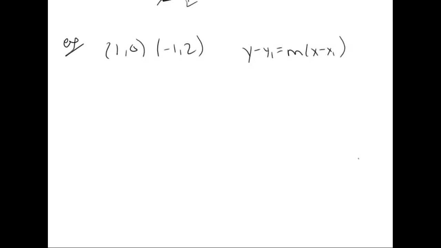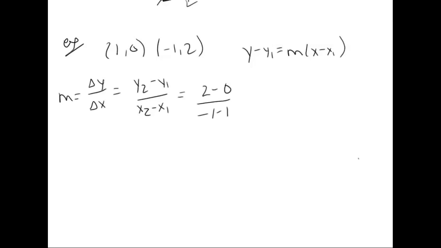But remember back in section 1, we learned the change of y over the change of x, which was y2 minus y1 all over x2 minus x1 as a way of giving us our slope, right? So we could plug in accordingly. 2 minus 0 over -1 minus 1 and get 2 over -2, which gives me -1. And now I have my slope, right?